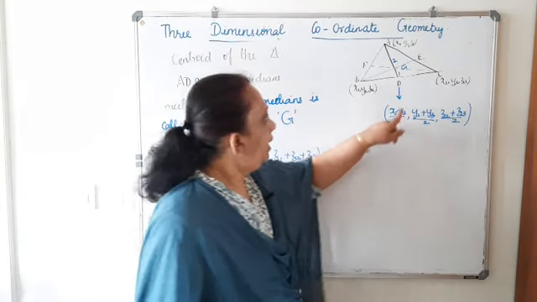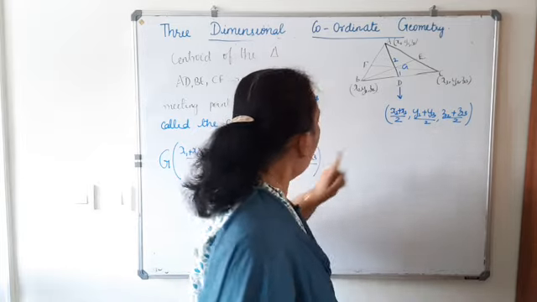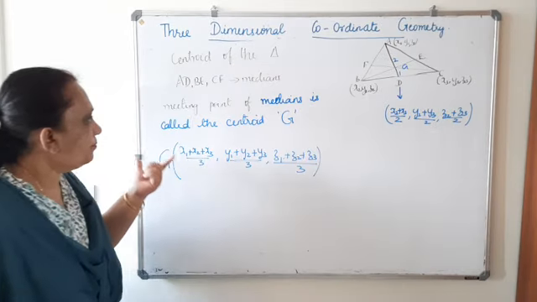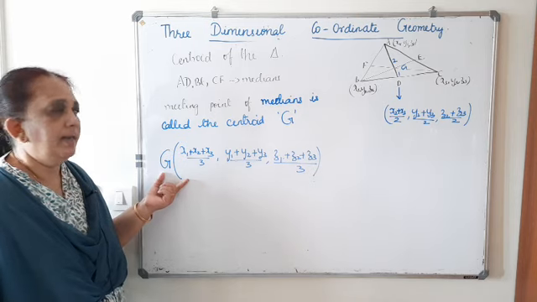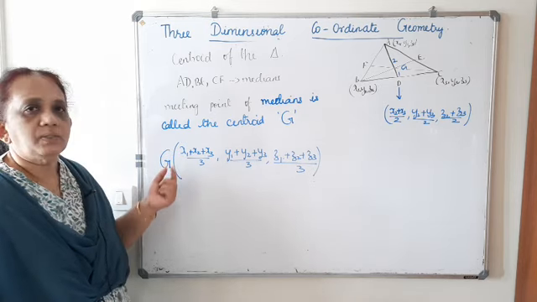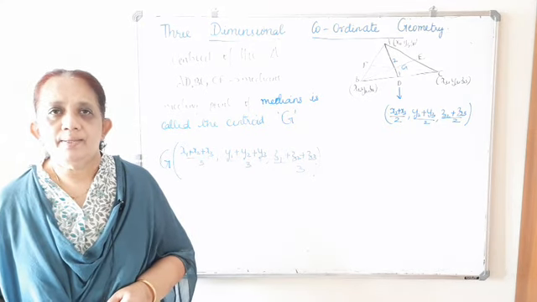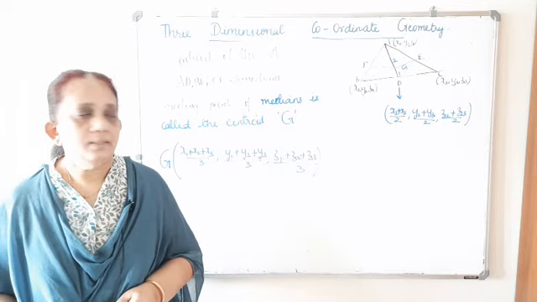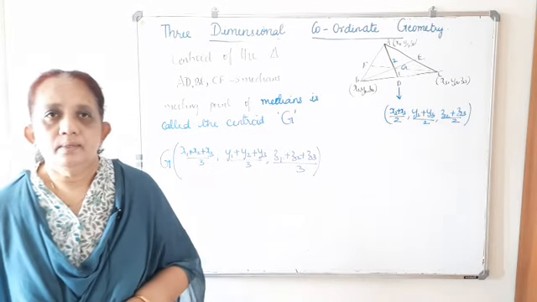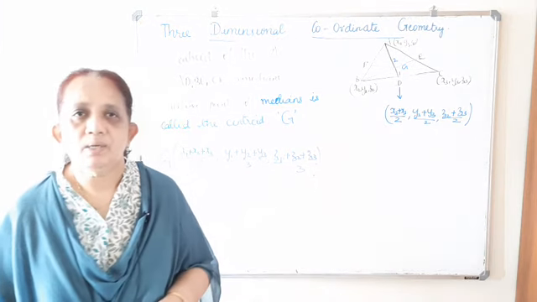In the same way, m and n are 2 and 1. You can make use of the formula and you can derive the centroid. The coordinate of the centroid G of the triangle is x1 plus x2 plus x3 by 3, y1 plus y2 plus y3 by 3, and z1 plus z2 plus z3 by 3. So, complete this section formula as an assignment question.